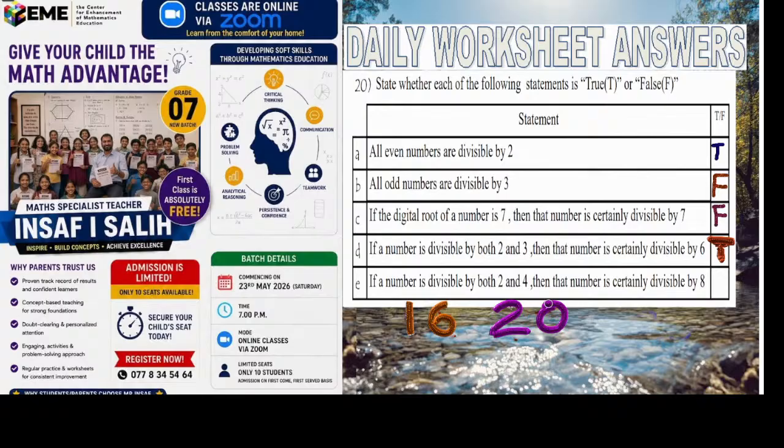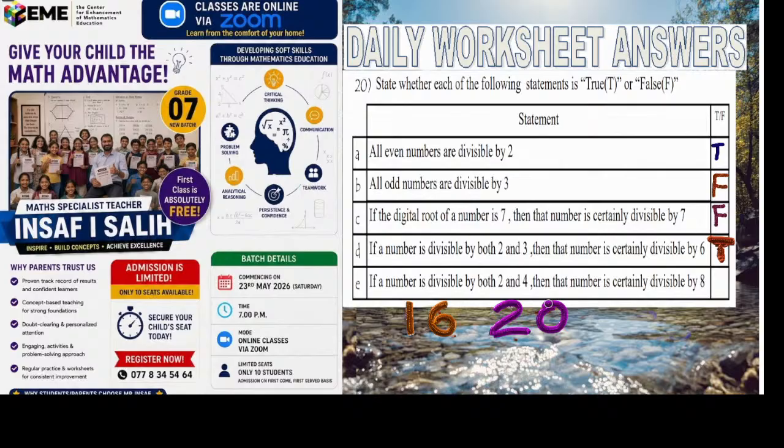Just because a number is divisible by both 2 and 4, it doesn't automatically become a number divisible by 8.